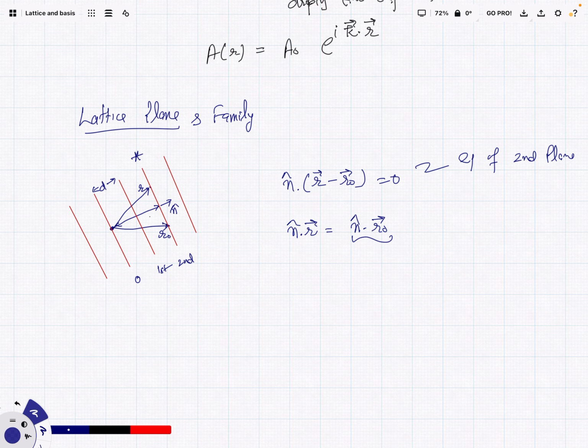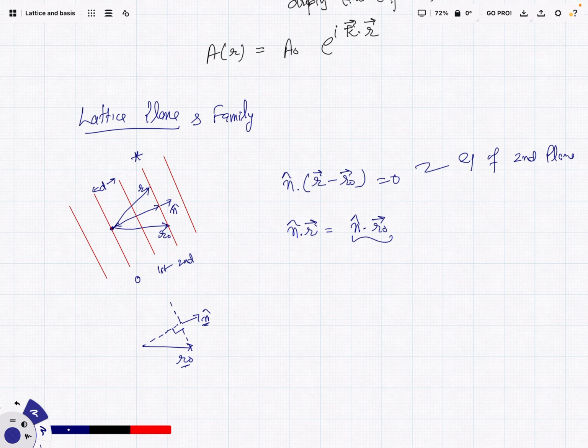So this is my r naught vector, and this is the plane I am talking about, and this is my n cap. So if I take n cap dot r naught, I will get this perpendicular distance, right?